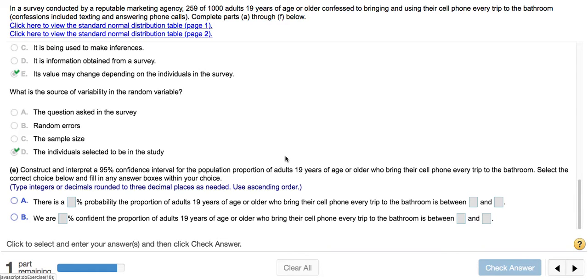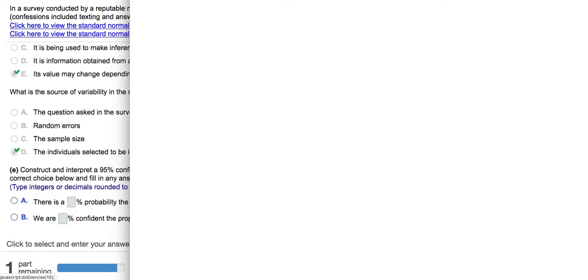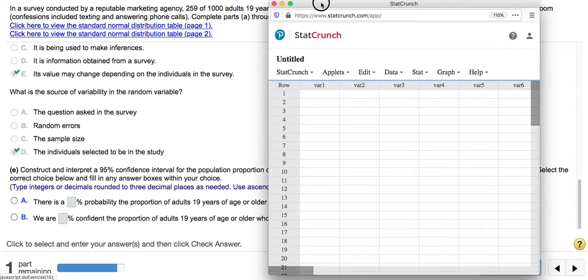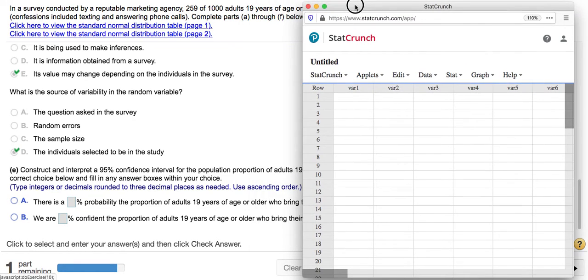Okay, so now this point estimate, it might not be the exact value, but we can get a confidence interval to think about where it might fall. So what I'm going to do is open StatCrunch, and I want to construct a 95% confidence interval.